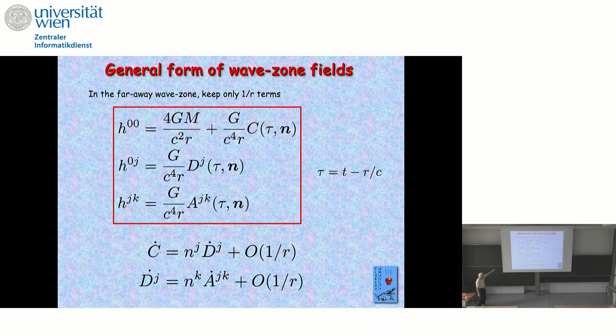And this is the leading 1 over r part of the field far away. And the fact that these things satisfy the Lorentz gauge, or the harmonic gauge, so the time derivative of that is equal to the divergence of that, tells you that c dot is equal to a unit vector times dj dot plus corrections that fall off with 1 over r. And the time derivative of that is equal to the divergence of that, which tells you that this time derivative is equal to nk times that time derivative of that.